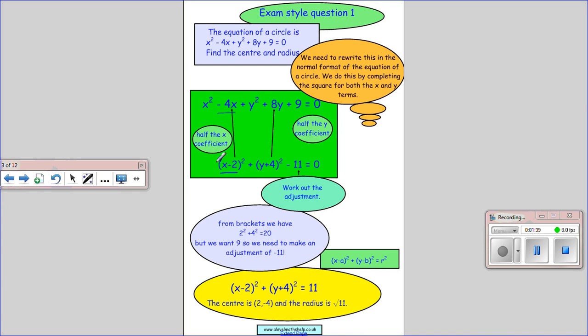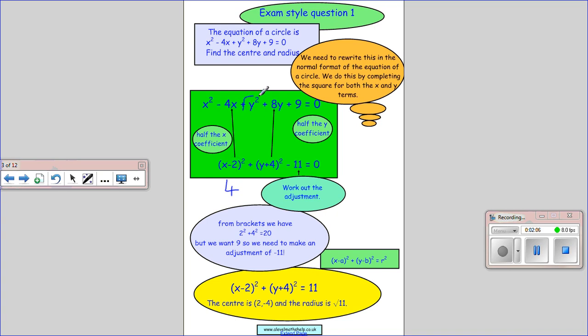If we imagine this as x minus 2 all squared, we get x squared, which we want, and then minus 2x and another minus 2x, which gives me a minus 4x. So that gives you the x squared and the minus 4x that you want, but it's also going to generate a minus 2 squared, which is 4.